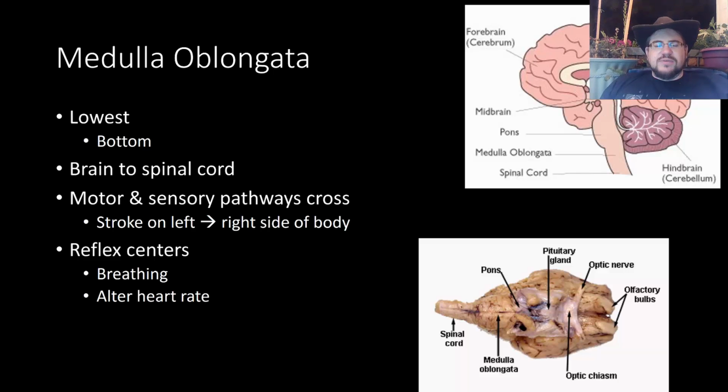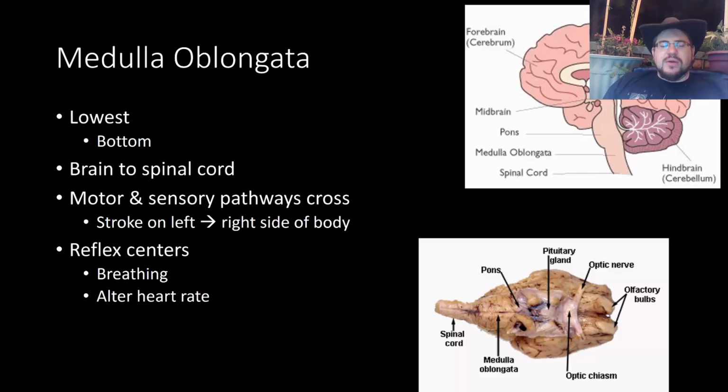I say decrease just to be fair, but I kind of think the reflex center there just can speed up the heart rate. And then once it stops sending the signal, the heart rate returns to its standard heart-controlled beat.